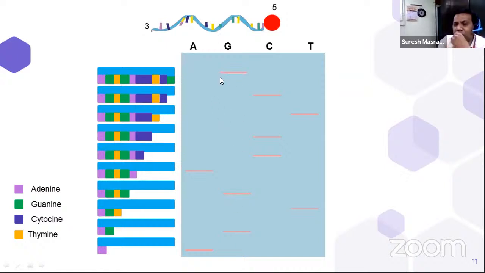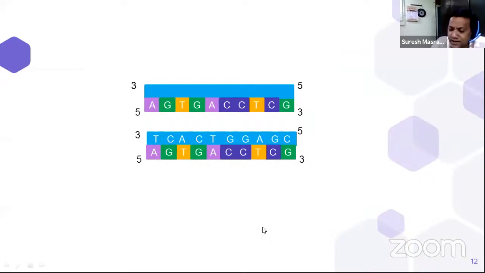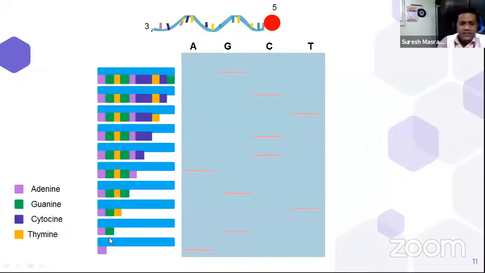The next band from the bottom towards the upward side is seen in the lane of G, or in the lane of the second tube, where we put the dideoxy GTP. As we put the dideoxy GTP, we know that once it attaches, it does not allow further duplication. Thus, we know that the second nucleotide attaching here is guanine, as it is present in this lane, and it is next to the bottommost band.